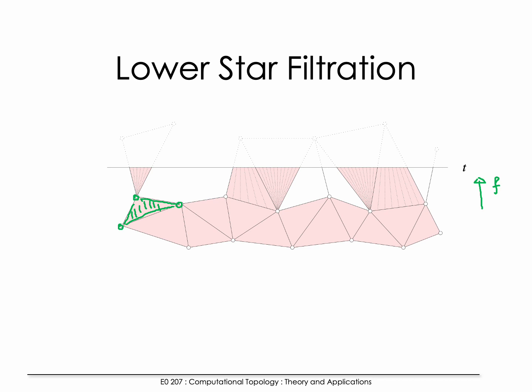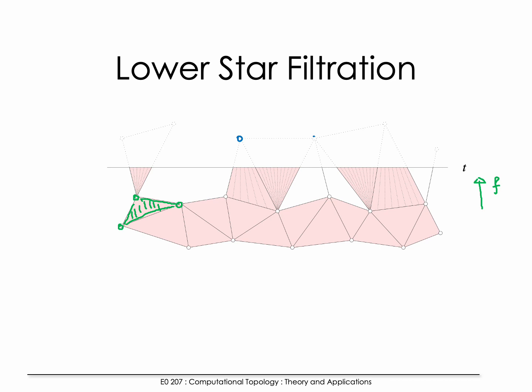And the different jumps are the insertions of simplices. So what we will do is, at every step of the sweep, we will insert a vertex. So when we cross t, the first event is the insertion of a specific vertex. So let's say this is the vertex that I insert.